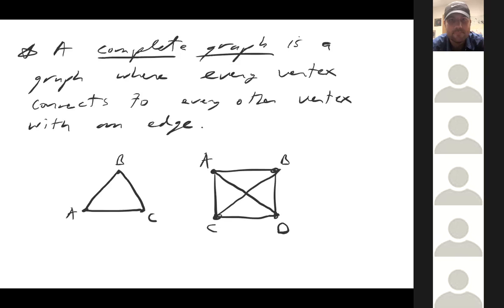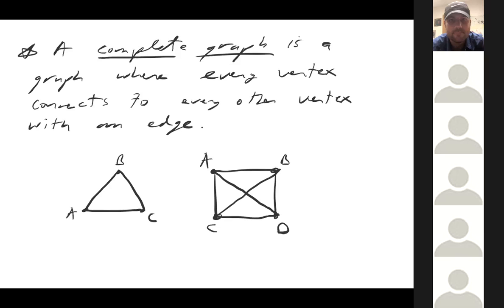Make sense? So A is connected to B, C, and D right now. B is connected to A, D, and C. And D is connected to A, B, and C. So in order for a graph to be complete, every vertex has to be connected to every other vertex with an edge.